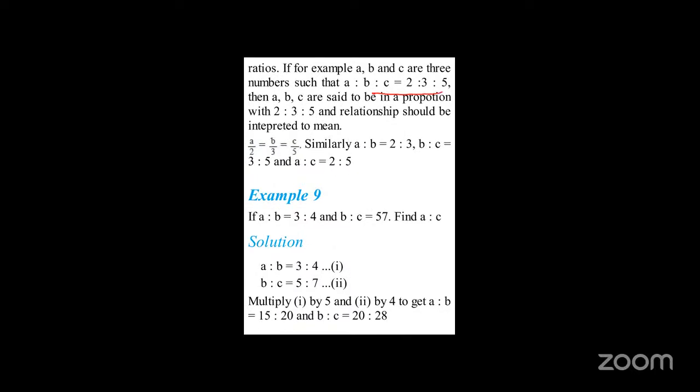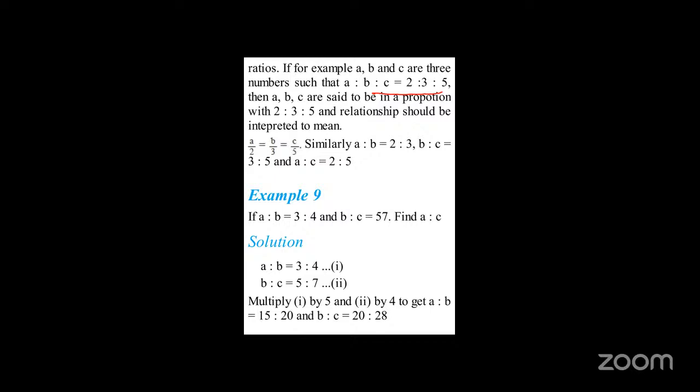Then we'll say that A, B, and C are said to be in proportion with 2, 3, and 5, and the relationship should be interpreted to mean A all over 2 is equal to B all over 3 is equal to C all over 5. Similarly, it can be given as A ratio B is equal to 2 ratio 3, and then B ratio C is equal to 3 ratio 5, and A ratio C is equal to 2 ratio 5.